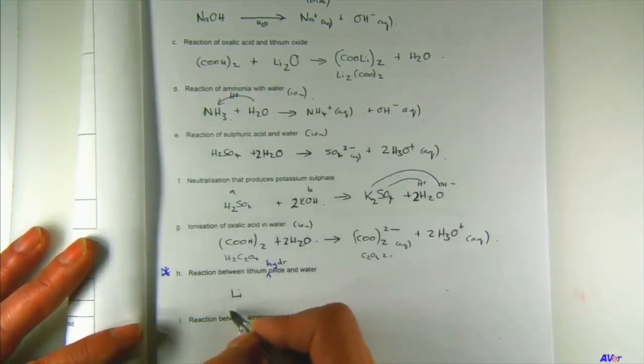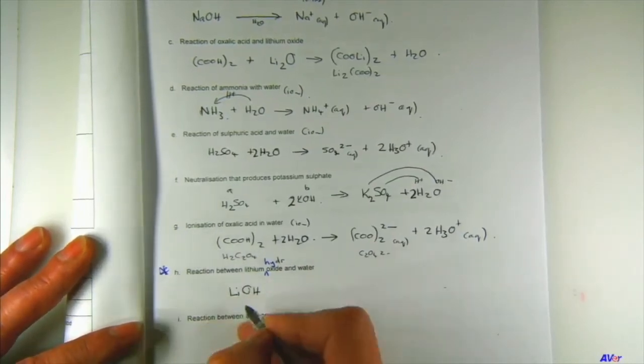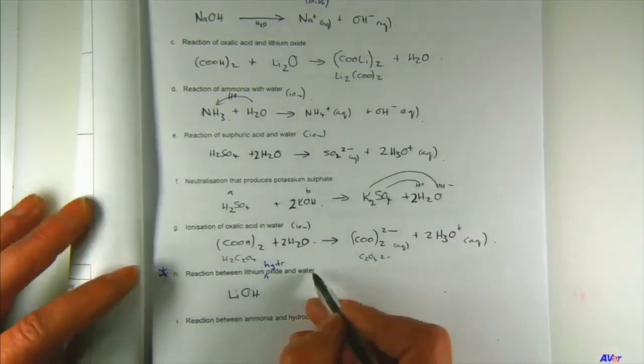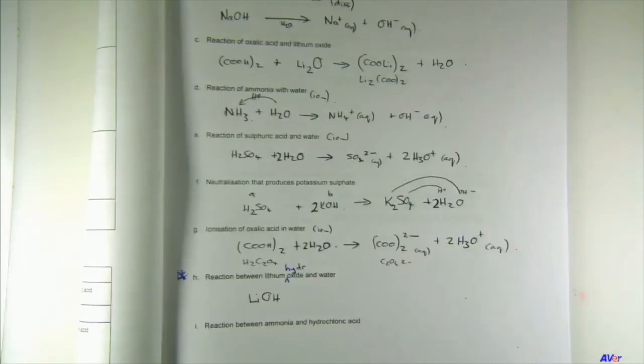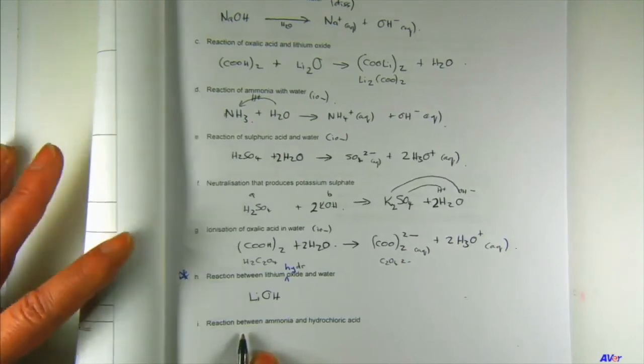Lithium was +1 because it's in group 1, right? And hydroxide, -1. So 1 lithium, 1 hydroxide, we're perfect. Now this one is reacting with water. Now before you put water, think, what is lithium hydroxide? It's a base, right? Actually a strong base. And what do we know about bases?